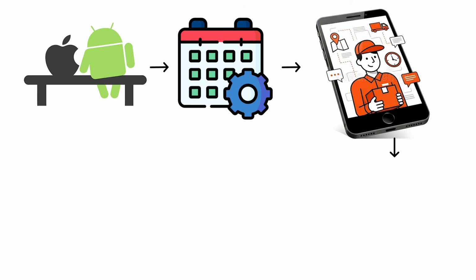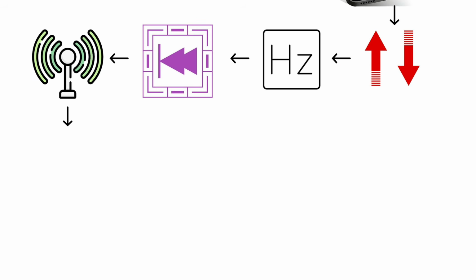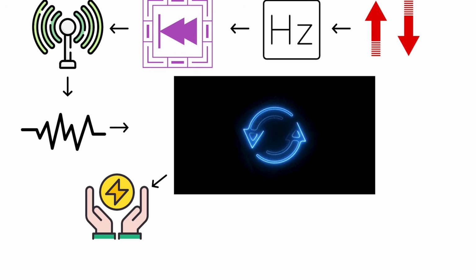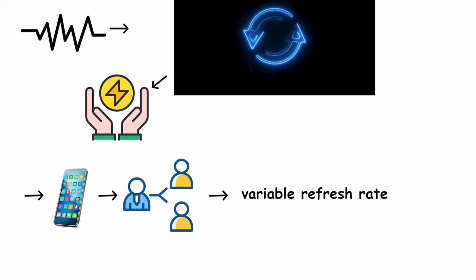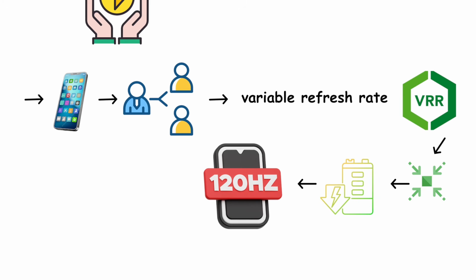The operating system's scheduler and the display driver coordinate when to raise or lower the refresh rate. When content begins to move, the software signals the display to increase its frequency instantly, restoring smooth motion. When the image becomes static, it lowers the rate to save power. This system, sometimes referred to as variable refresh rate or VRR, reduces battery drain that would otherwise occur if a 120 Hz panel stayed fixed at maximum speed all day.